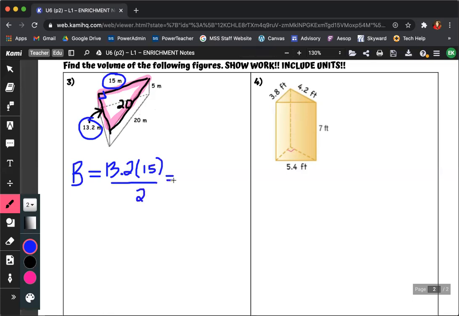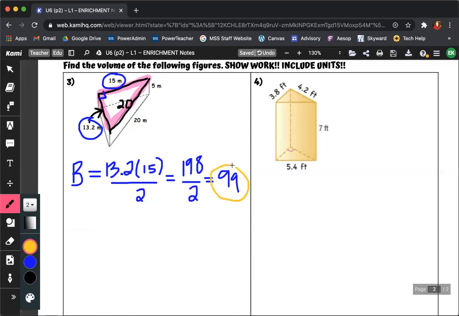So I'm going to plug into my calculator 13.2 times 15, and I get 198 divided by 2 gives us an area of the base of 99. So that's our area of the base.